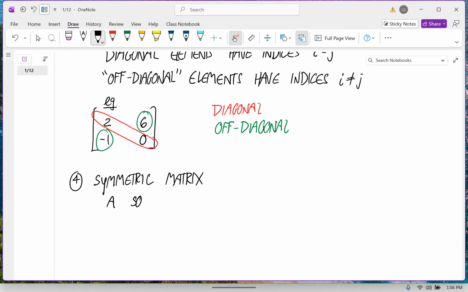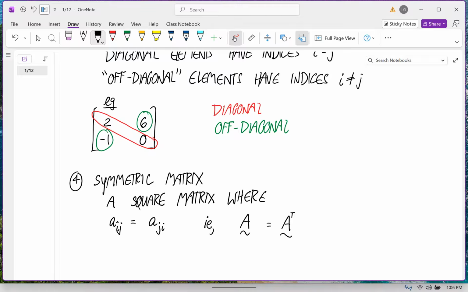So it's a square matrix where Aij is always equal to Aji. Or in other words, the matrix A is equal to its transpose. Those mean the same thing. Can you please add an example for it? Yeah.